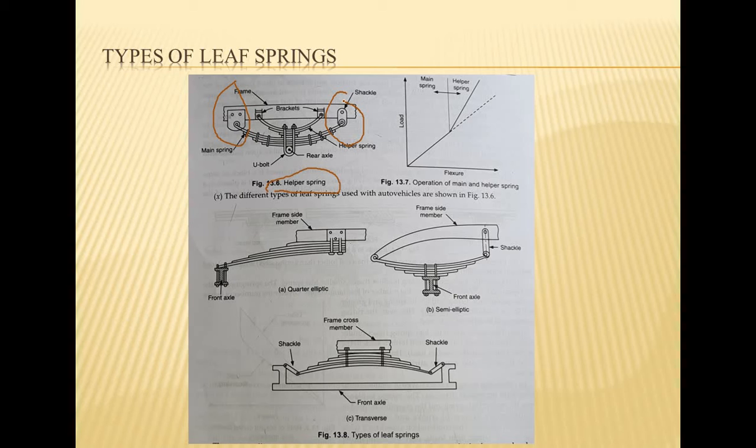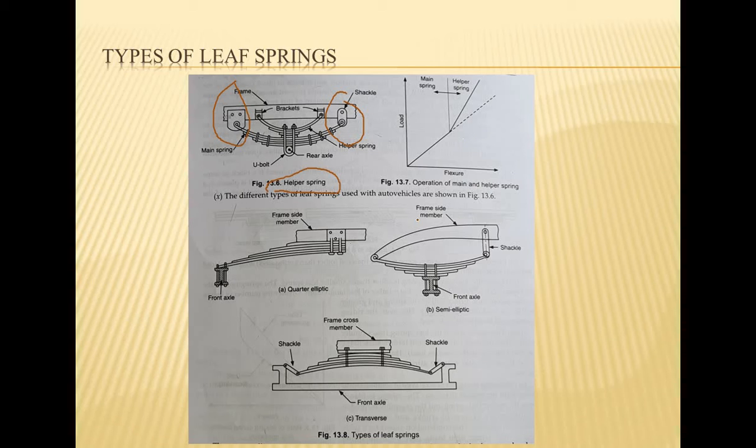This combination allows for a wide range of load. Under light loads only the mainspring operates. However, when the load exceeds a certain prescribed value, both the main and helper spring come into operation. A greater portion of the load is shared by the helper spring.